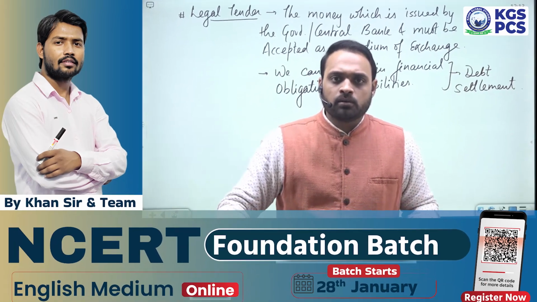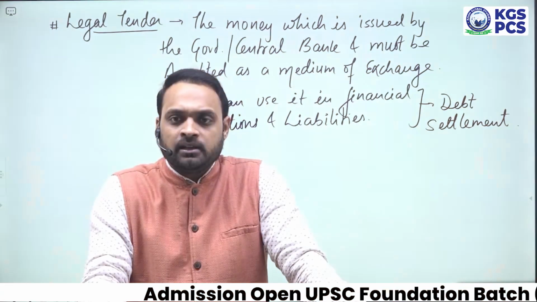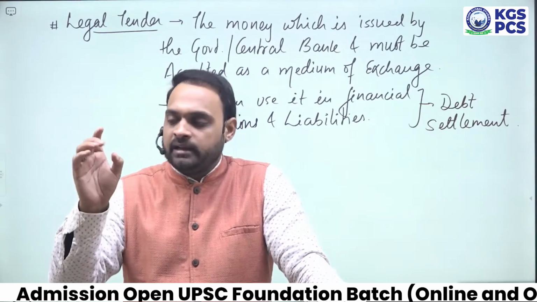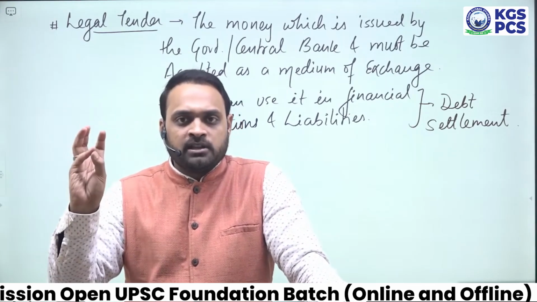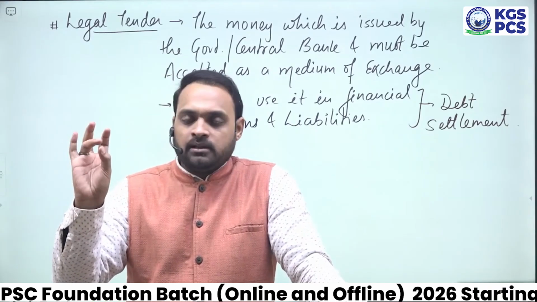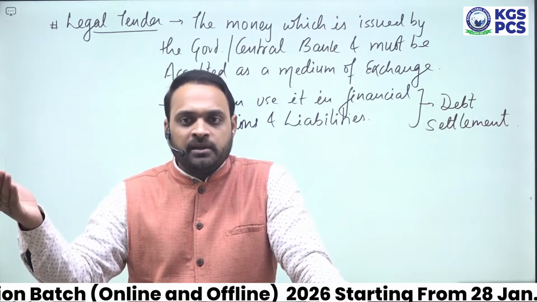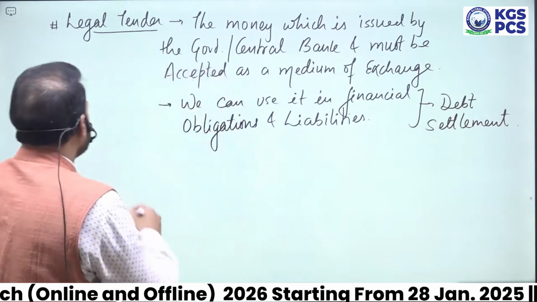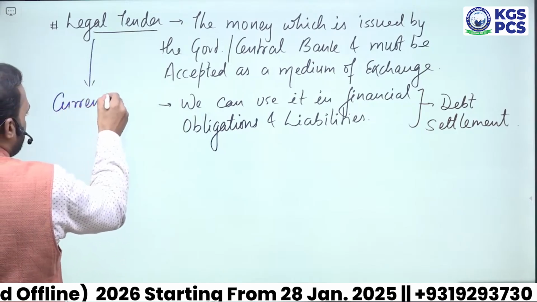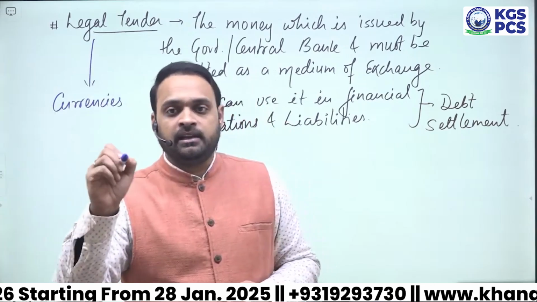If we go a little bit ahead about this term, legal tender must be issued by the government or central bank, and it must be accepted as payment of debt settlement. In very simple language, all the currencies of the country are called legal tender.